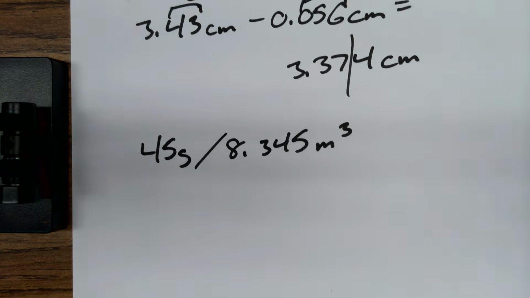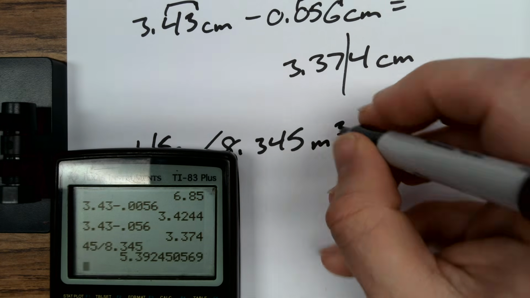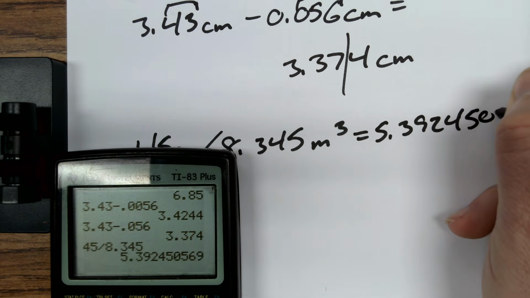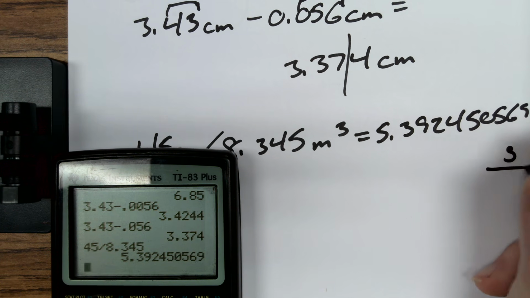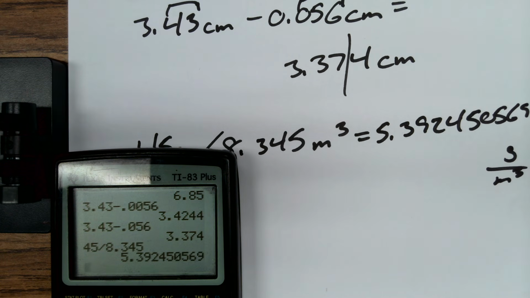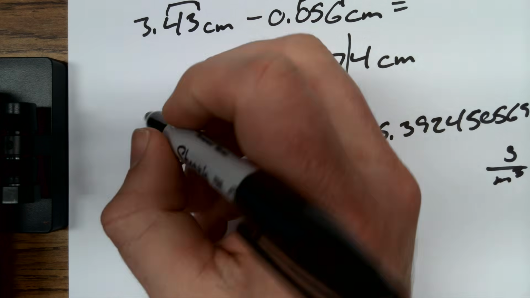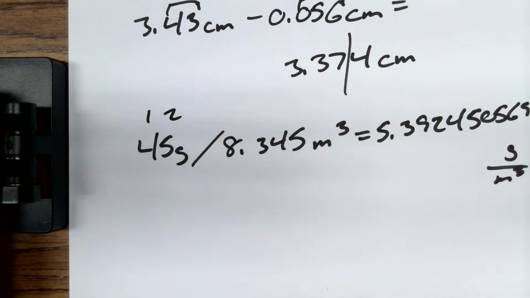Am I looking for sig figs or decimal places with my answer here? Why am I looking at sig figs? Because I'm using division. What's my smallest number of sig figs? The factor with the smallest number of sig figs. 45 has 2 sig figs.